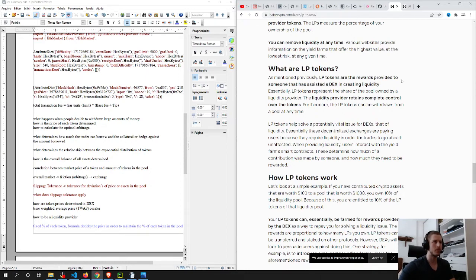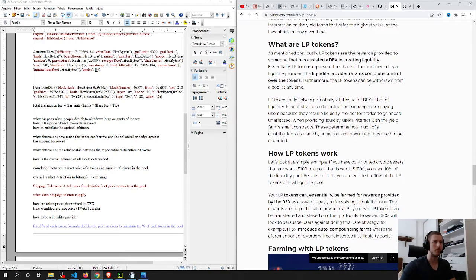As mentioned previously, LP tokens are the rewards provided to someone that has assisted a DEX in creating liquidity. Essentially, LP tokens represent the share of the pool owned by a liquidity provider. The liquidity provider retains complete control over the tokens. Furthermore, the LP tokens can be withdrawn from a pool at any time.